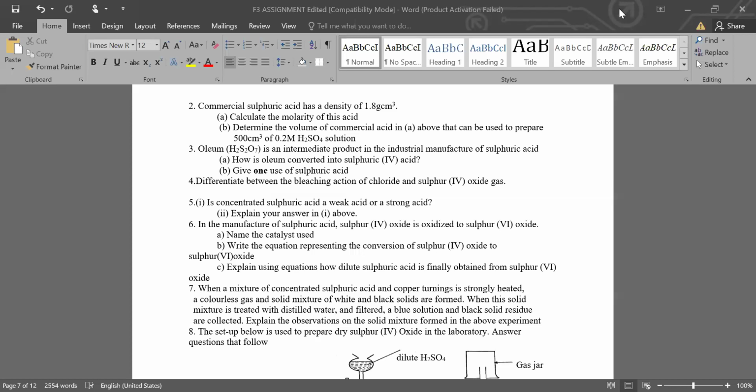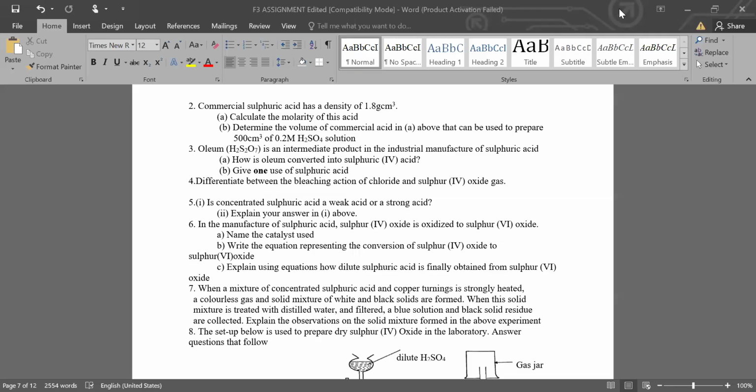But the diagram that we have drawn in forming SO3 from SO2, we use platinum in the laboratory setup. But in the industrial process, vanadium 5 oxide is used because it is cheap and it is not easily poisoned.